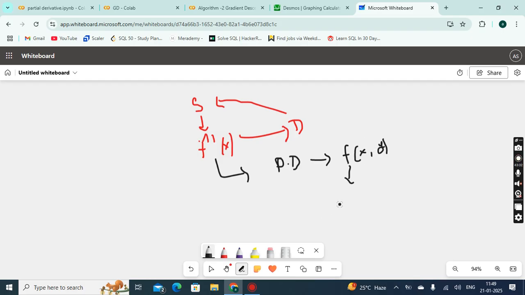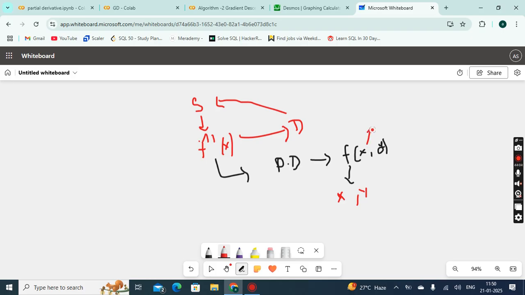To derive this, let me first explain how we solve this kind of problem. What is the general method of solving this kind of problem? Let's understand that as well. What we generally do is derive the x part first, then the y part next.